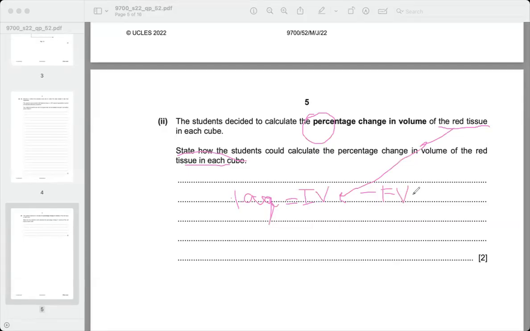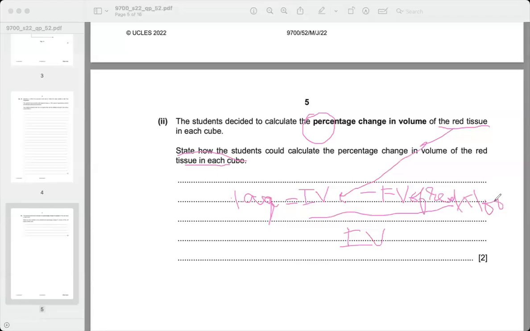of the red tissue in each cube. Please make sure you write the red tissue, because they have mentioned it in the question twice in fact, so you should be utilizing it, divided by the initial volume of the red tissue in each of the cubes, and then make sure you multiply it by a factor of 100, because that's how you're going to get a percentage value.